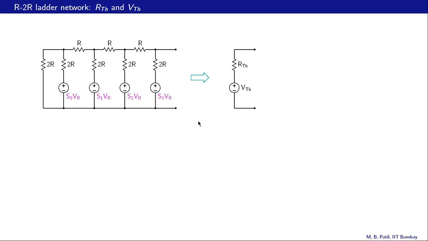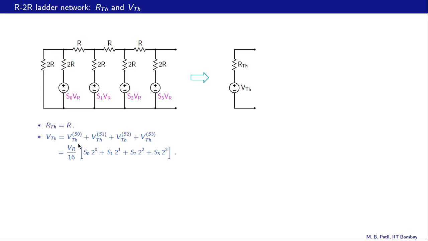To summarize, our original network can be replaced with its Thevenin equivalent RTH and VTH, where RTH is R and VTH by superposition is the VTH arising from this source and VTH arising from this source, and so on.